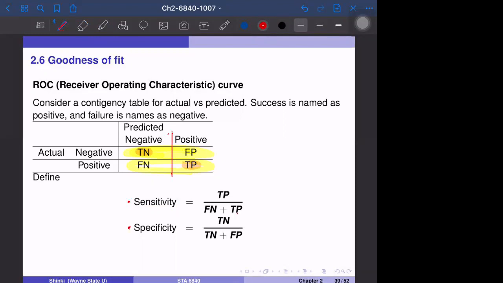So if this is very strict, then we can reduce the number of positively diagnosed patients. That means sensitivity gets lower, but specificity gets higher. And if the threshold is very loose, then many people are diagnosed as positive, so sensitivity is higher, but specificity is lower. So we have a trade-off between these.